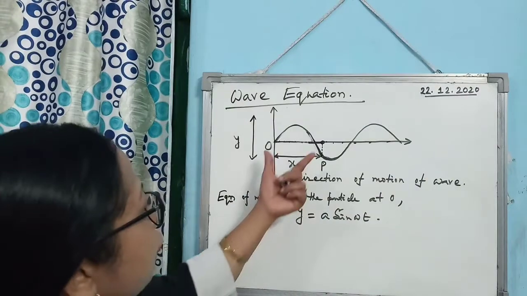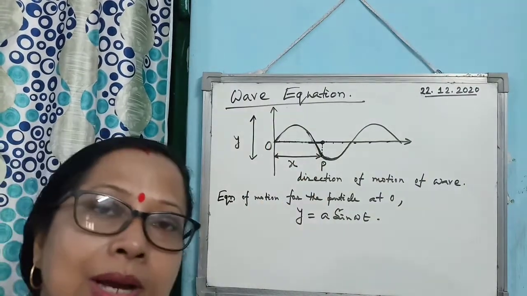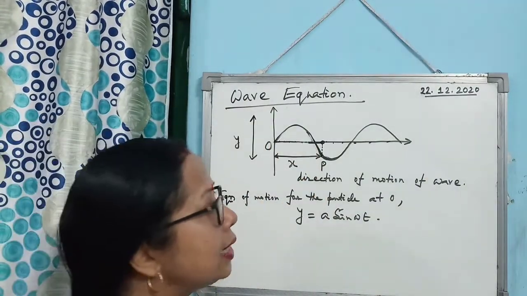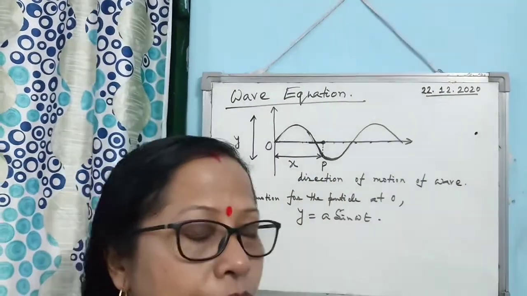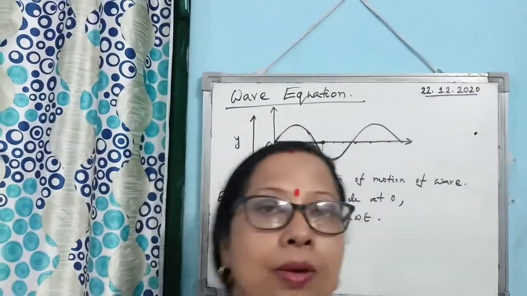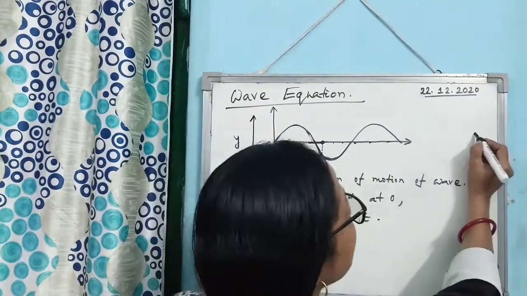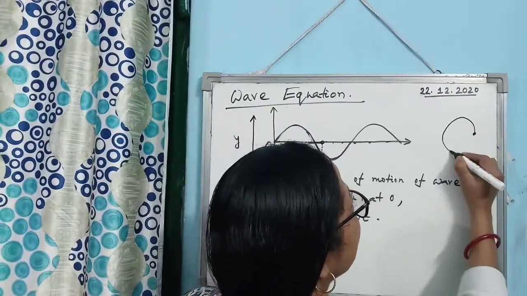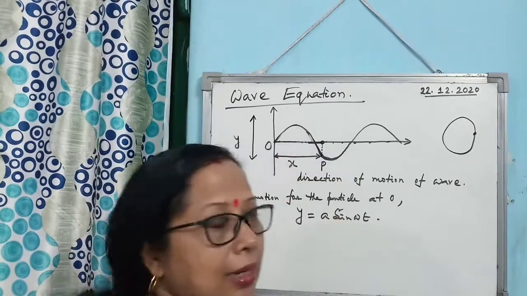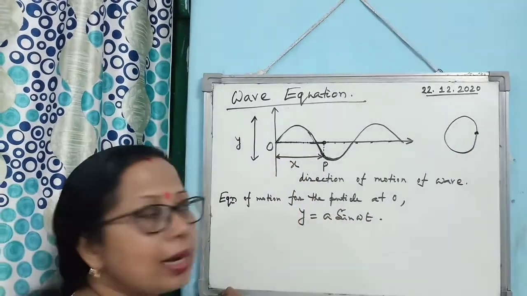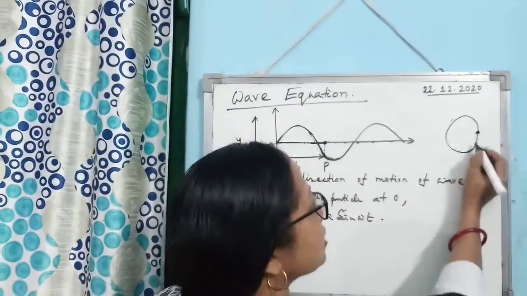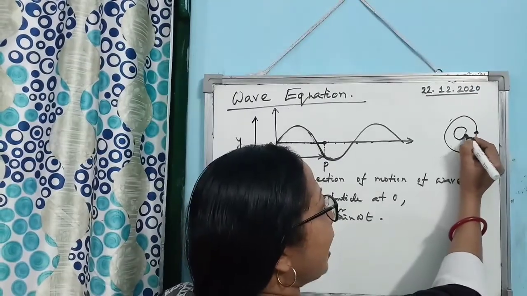And what will be the phase difference between O and P? How can you find it out? Consider the concept of uniform circular motion and simple harmonic motion. When a particle is moving through a circle and comes back here, it will be in the same phase. When it completes one circle, what angle is it making?